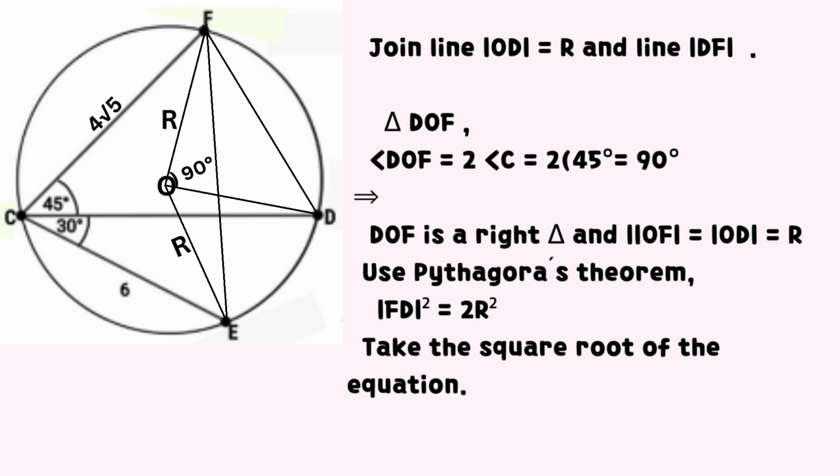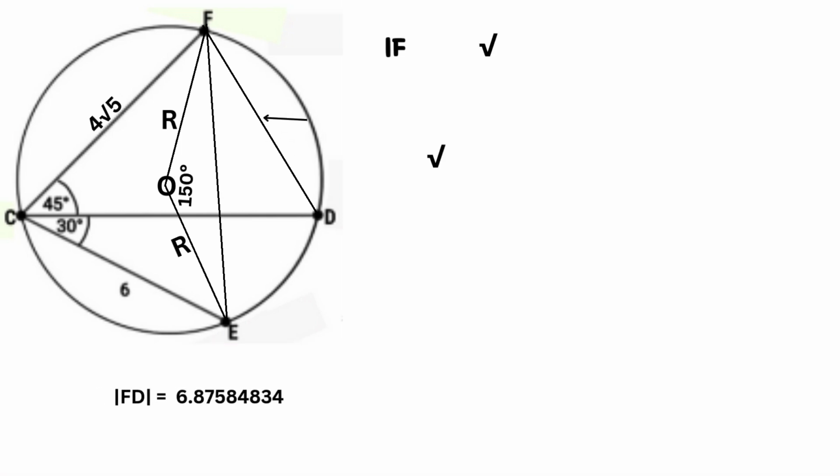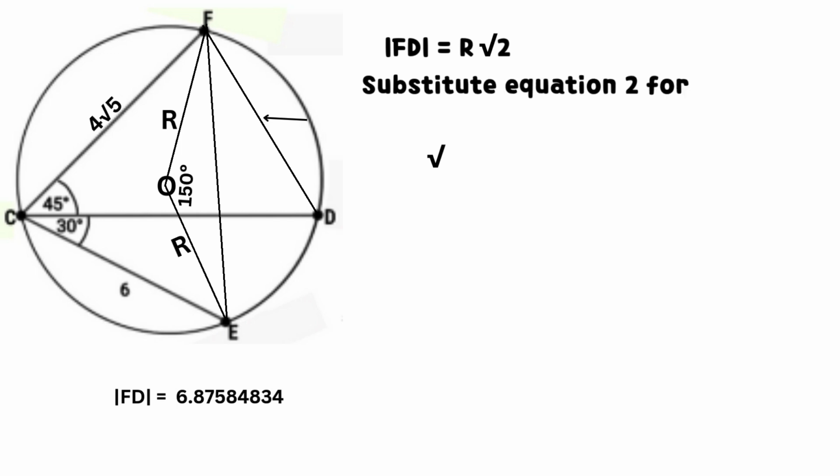The square of FD equals 2 times the square of R. Take the square root of the equation. Line FD equals the product of R and the square root of 2.